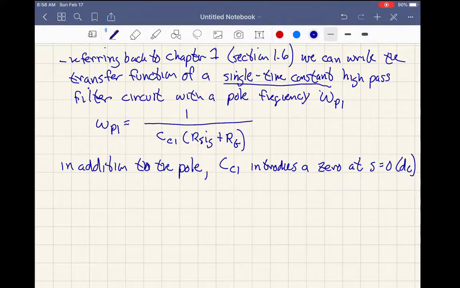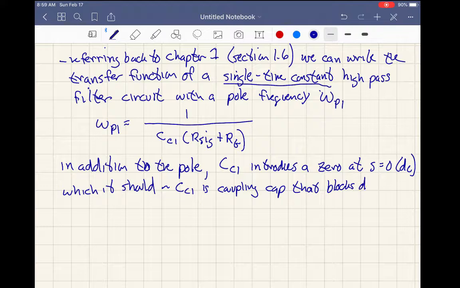Remember capacitive reactance, 1 over 0, which it should be. So C1 is a coupling cap, and what we're trying to say here, as we've said before and you covered last semester, is that it's a coupling cap that blocks DC.